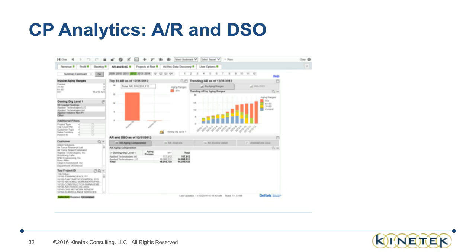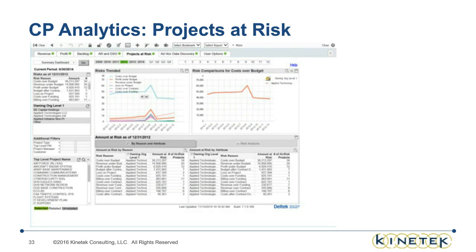We want to know what our accounts receivables are out there and our DSO. More and more with program finance people, we're being asked to facilitate that collections process, and so we tend to have relationships with our customers. So that becomes a big piece of what we do. Knowing what projects we have at risk is always important, right?